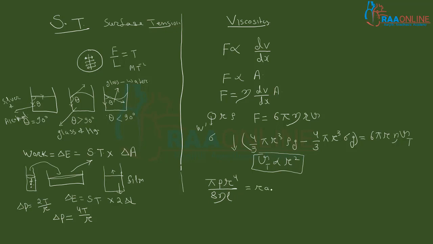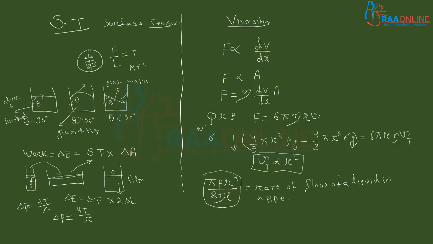The rate of flow of a liquid in a pipe. P is pressure difference, r is radius, eta is coefficient of viscosity, and L is length of pipe. Also you can compare this with Ohm's law.